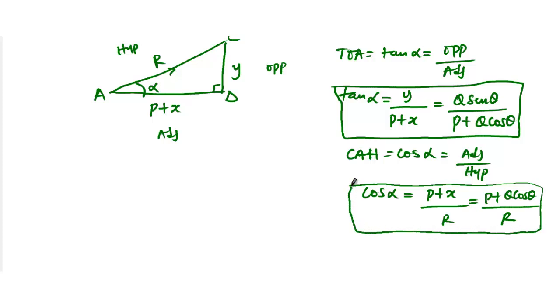Most textbooks often use tan alpha, but you can use any of the three. So let me use this free space to determine the third one. Then we can also use SOH. So in this case, sine alpha is opposite divided by hypotenuse.